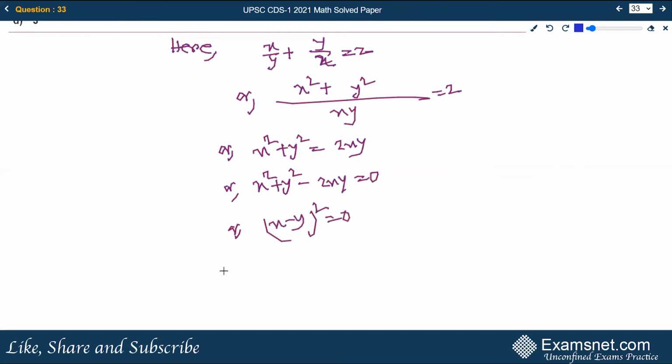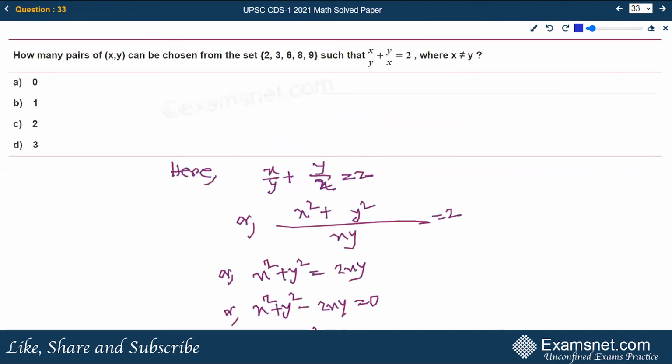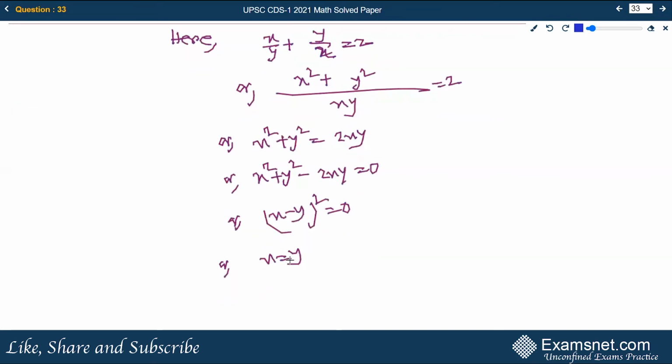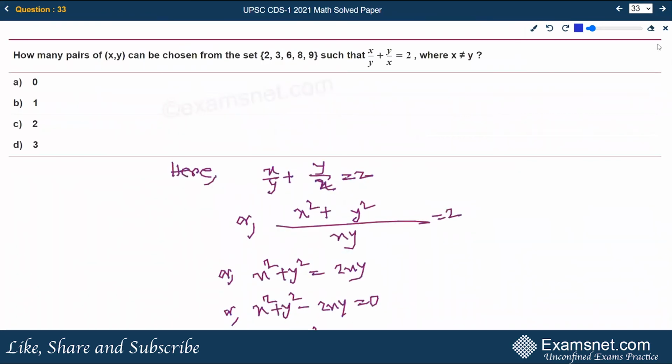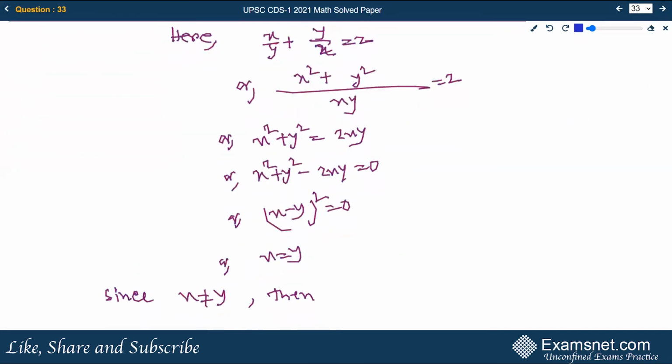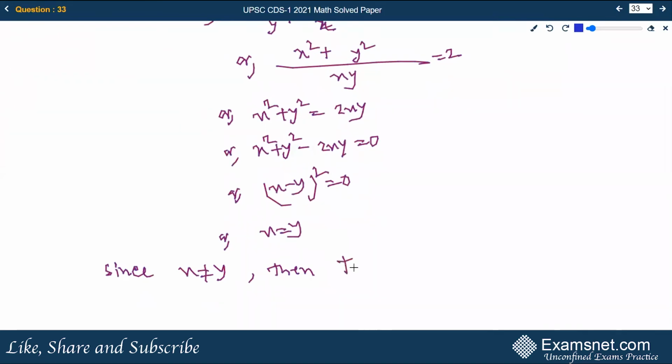So it will give us x equals y. But the condition given is x not equals y, while after simplifying the given expression we are getting x equals y. Since x not equals y, we will not get any such pair. There are no such pairs.